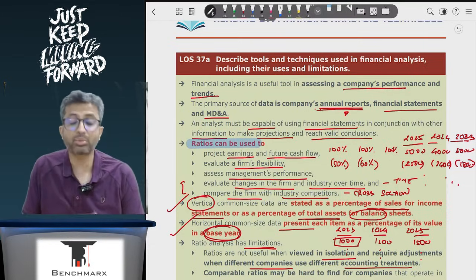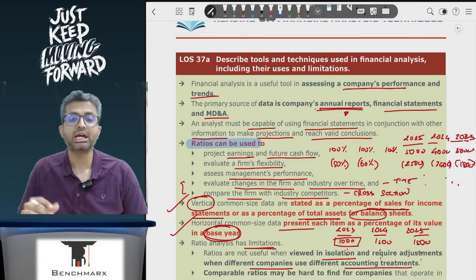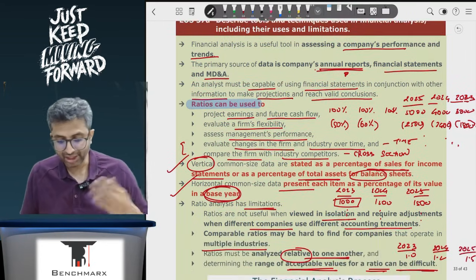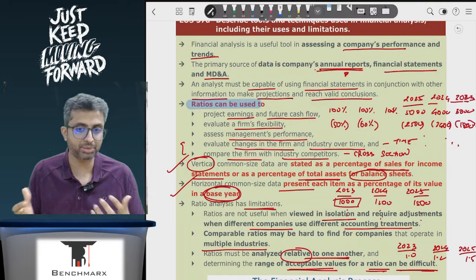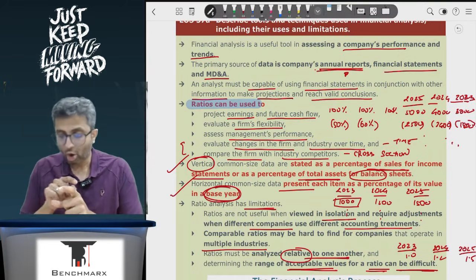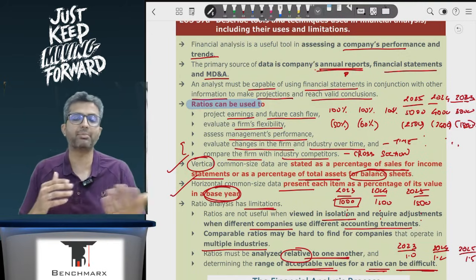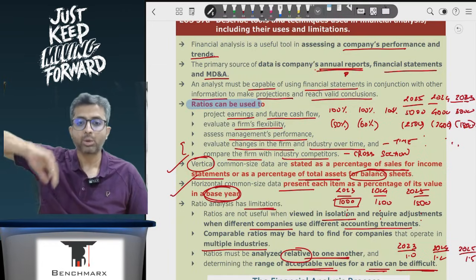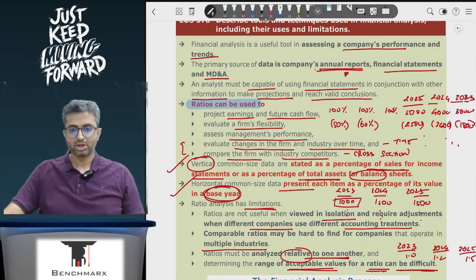Some of the best tools for doing that analysis are ratios. These ratios on their own may not be meaningful, but if I compare them on a time series basis, that is, for the same company over the years, or cross-sectionally, that is, with other players in the industry, that can give me very insightful information.